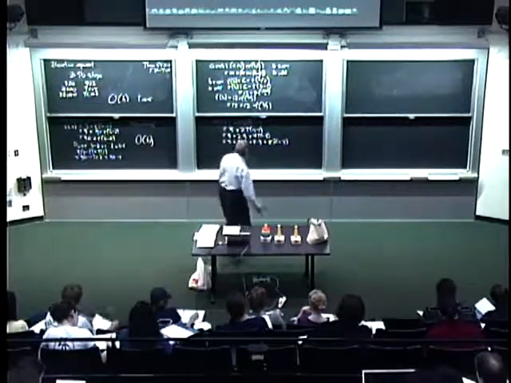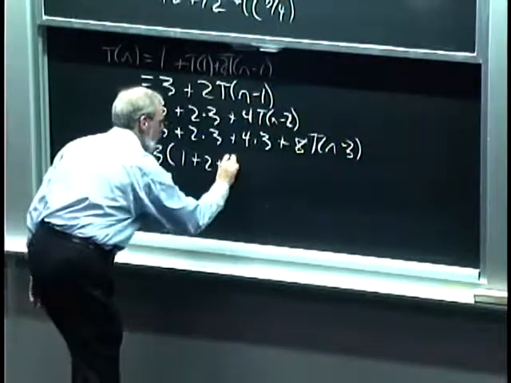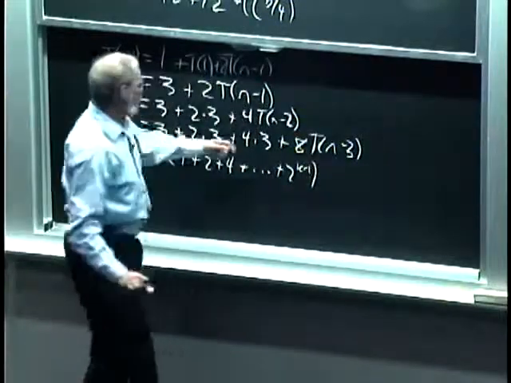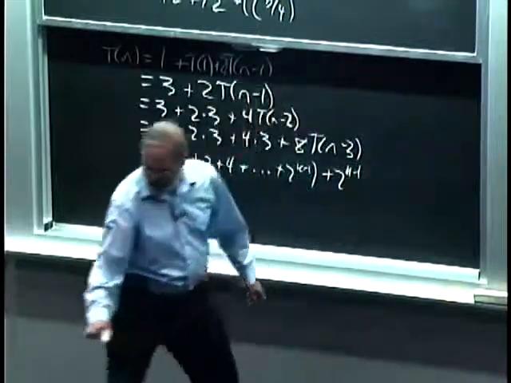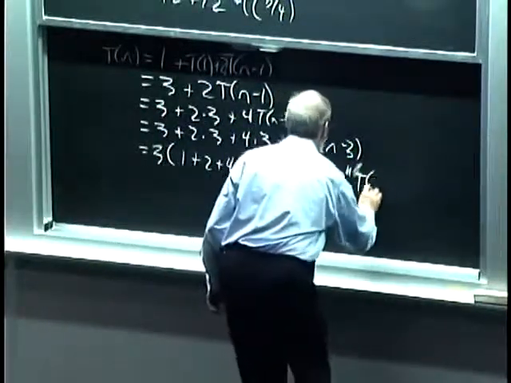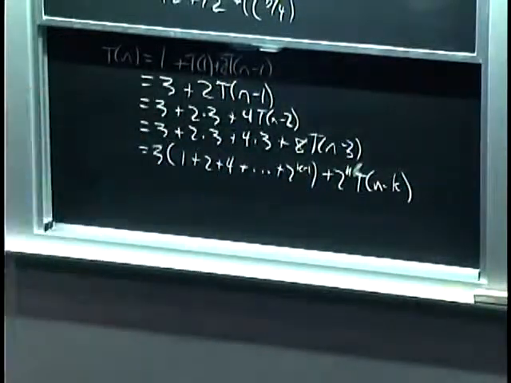But basically, if I do this, I end up with 3 times 1 plus 2 plus 4 up to 2 to the k minus 1 for all of those terms, plus 2 to the k, t of n minus k. Again, don't sweat the details.